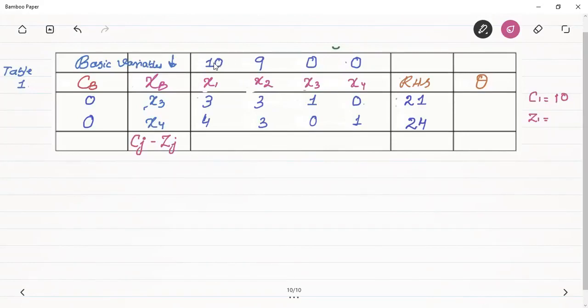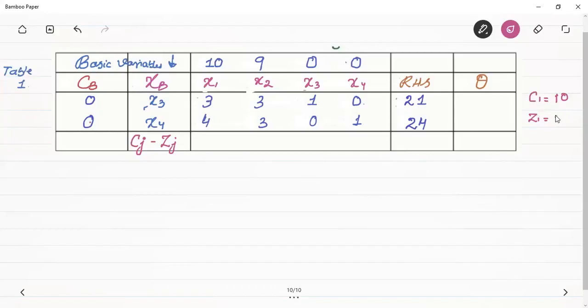And what are these C1, C2, C3, C4? These are simply the cost coefficients 10, 9, 0 and 0. And how we find Z1 is that this 0 is multiplied by 3, plus this 0 multiplied by 4. This will give us Z1.